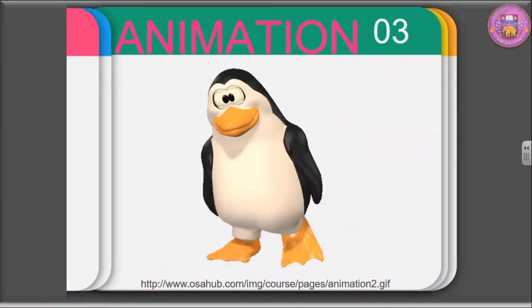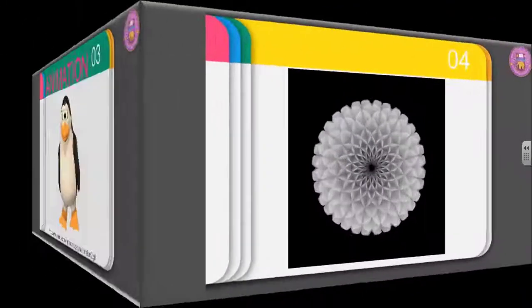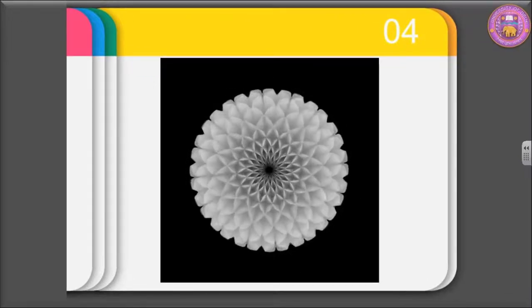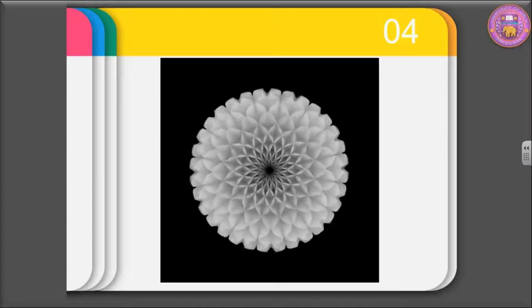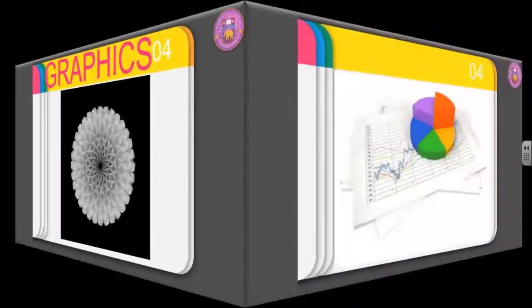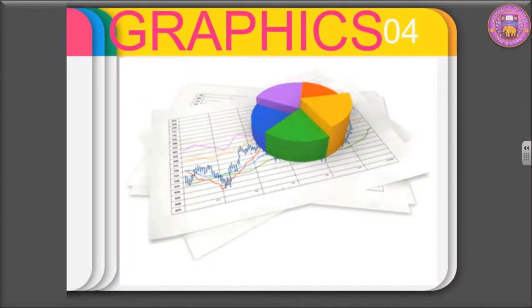Computer can generate animations. We can play animations as well as generate animations. So far as graphics are concerned, computers are widely used to produce and play graphics. Graphics like this are produced on the computer itself.